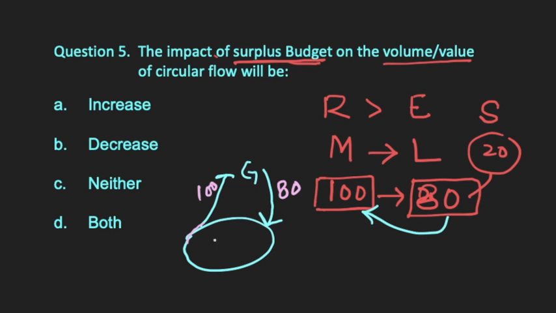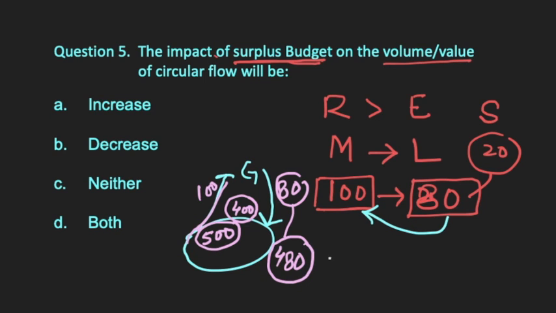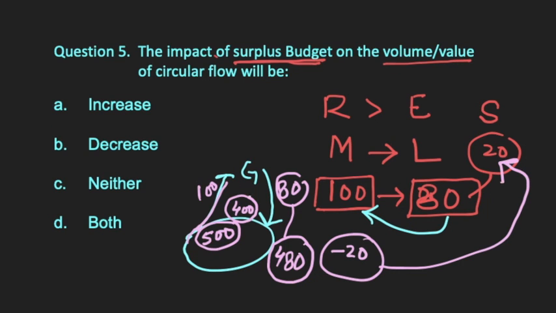So earlier, supposing it was a $500 circular flow, and from 500 now 100 goes to the government. So here we have only 400 for the time being, but $80 comes back to the circular flow, so we have only 480 now in the circular flow, and we have a reduction of $20. It is this $20 which the government kept with itself. Therefore the value of this circular flow will decrease by the amount that was kept by the government with itself.